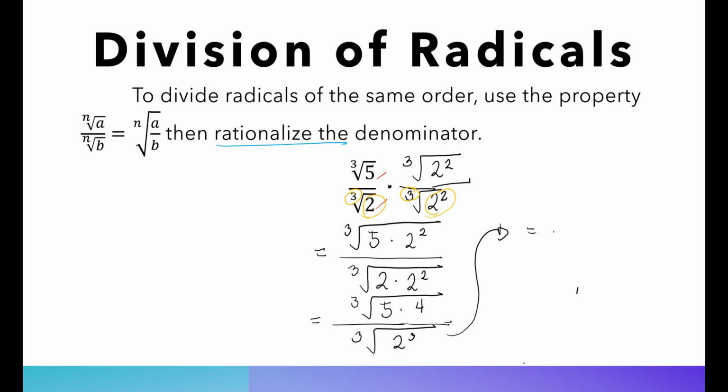And then the radicand in the numerator is 5 times 4, and 5 times 4 is 20. And then the denominator, we may cancel out the exponent and the index, so only the radicand 2 would remain. And this would be our final answer.